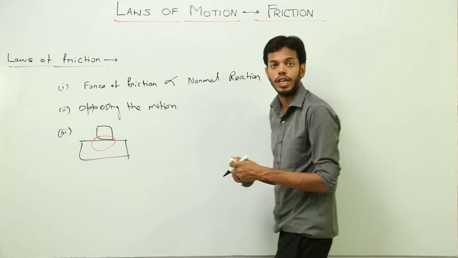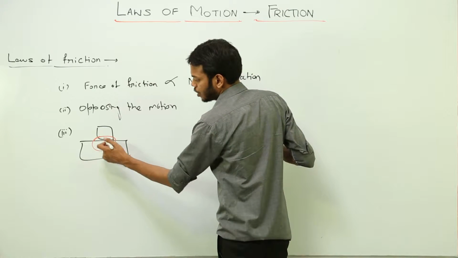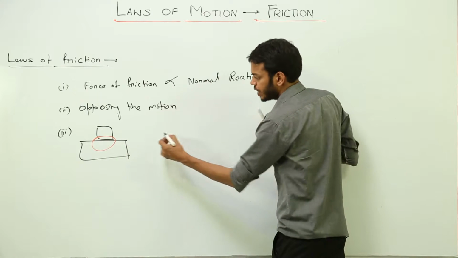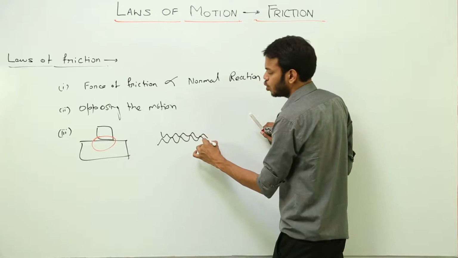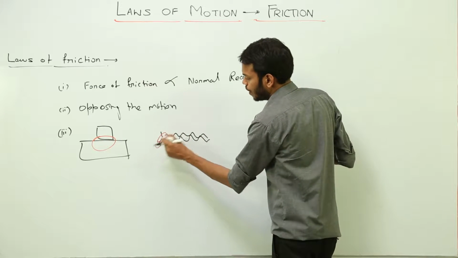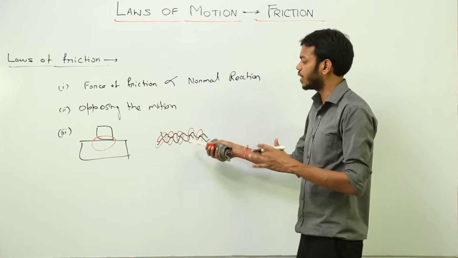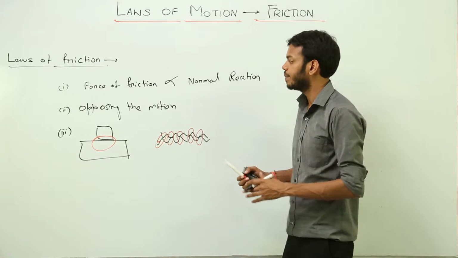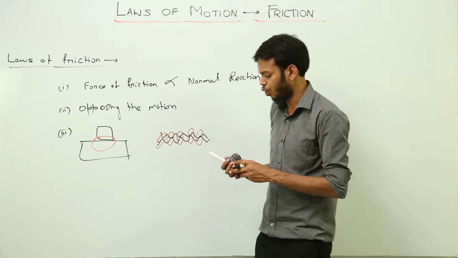And what is the actual area of contact? The actual area of contact will depend upon the irregularities in the surface, because at the point of joining of these two bodies, there will be some points of actual contact where bonding forces are formed, due to which the frictional force exists, right? So the force of friction is independent of apparent area of contact.